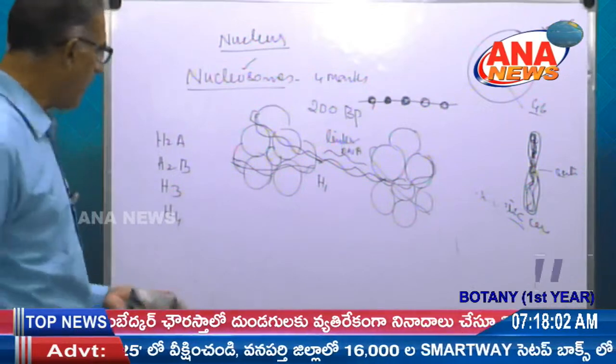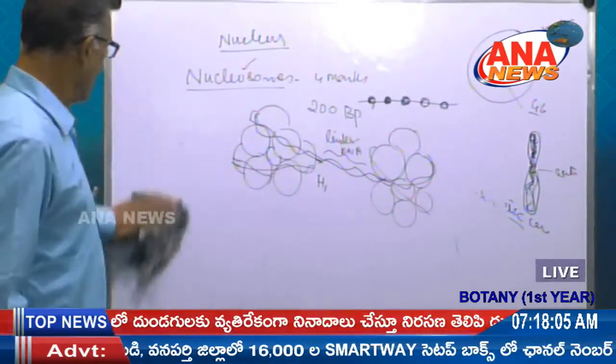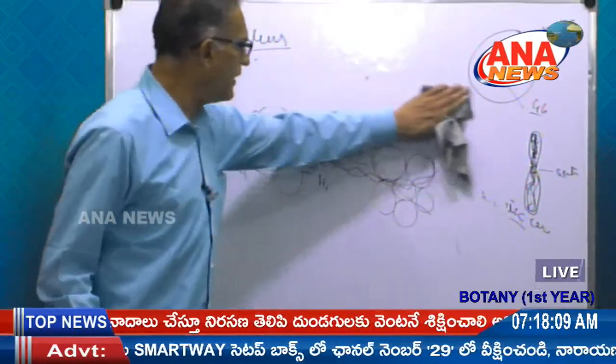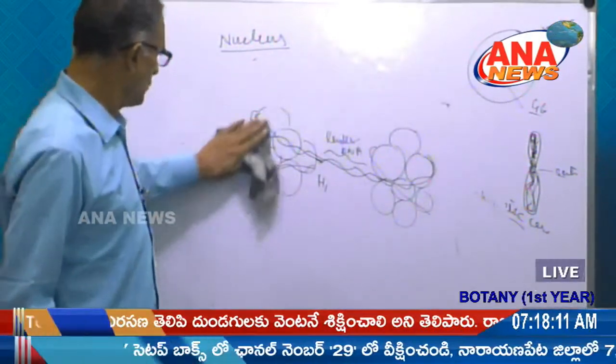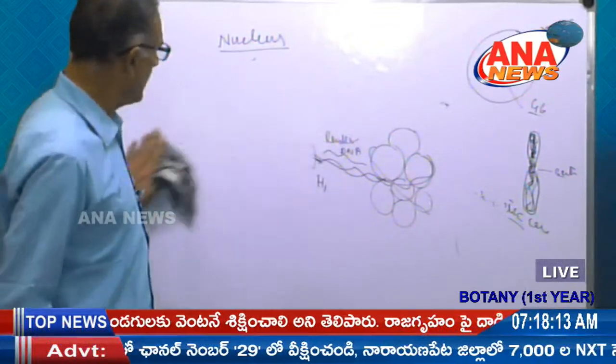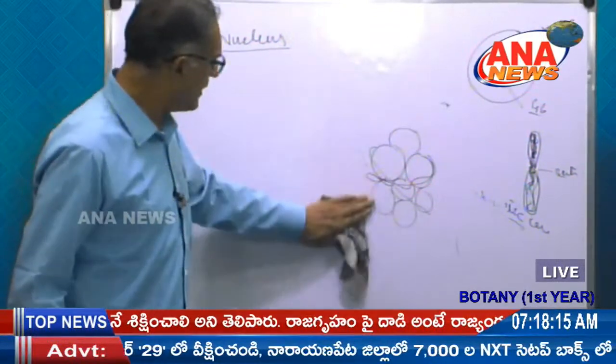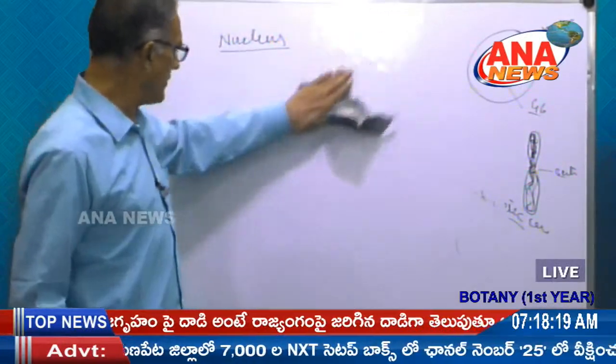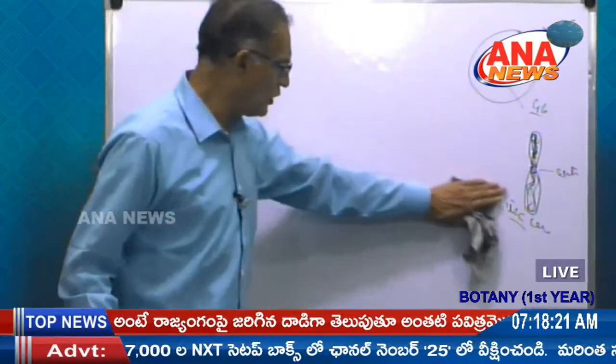Now, what is nucleosome? When it is viewed under an electron microscope, the chromatin appears as beads on the string. Those knots are called nucleosomes.